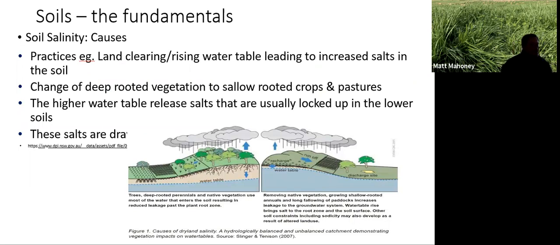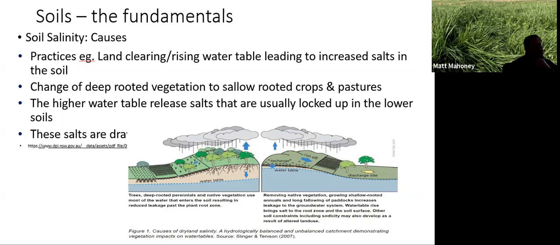So that was soil acidity. Now I'm just moving on to soil salinity. Salt, in a nutshell, is the biggest weakness, and the salts are so soluble. So one of the things you can do is wash salt away.